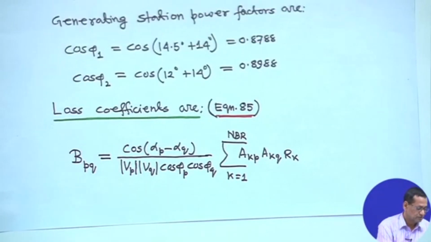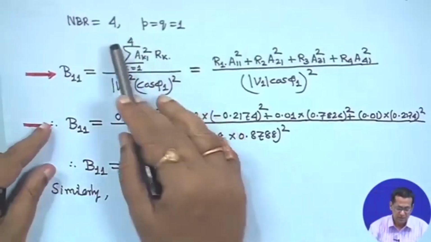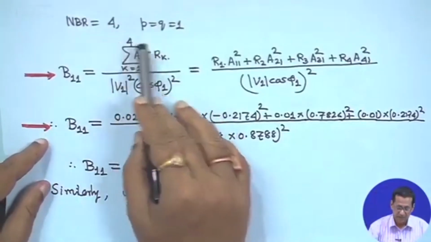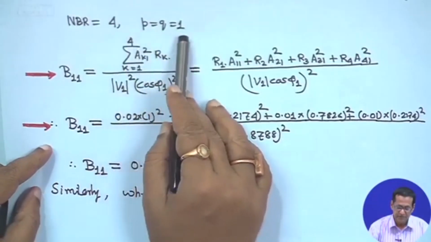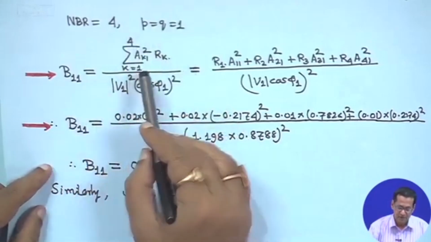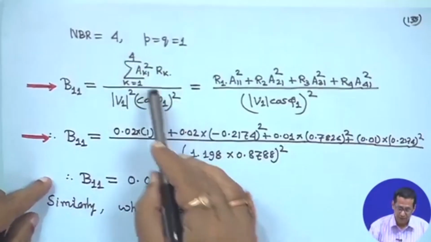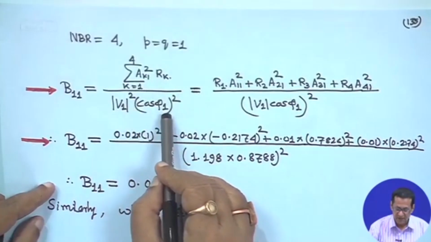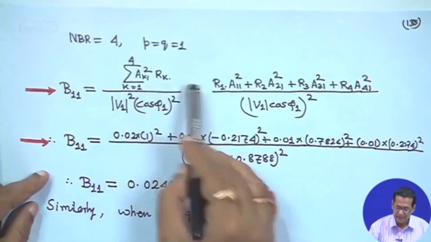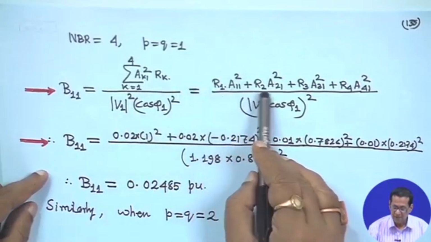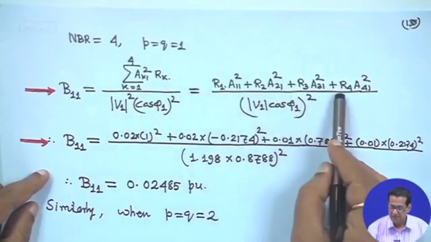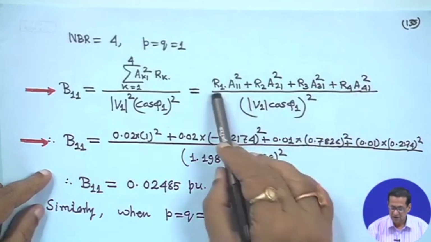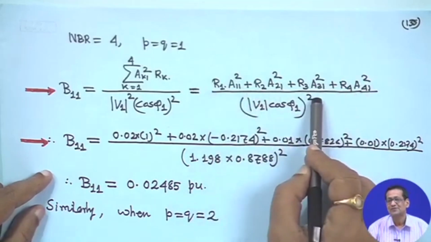So now NBR is equal to 4 and say p equal to q equal to 1, then you find B11. So sigma k equal to 1 to 4 of AK1 square into RK divided by V1 square cos square phi 1, is equal to, expanding this term, R1 A11 square plus R2 A21 square plus R3 A31 square plus R4 A41 square, all the branch resistances you know, because impedance is given.